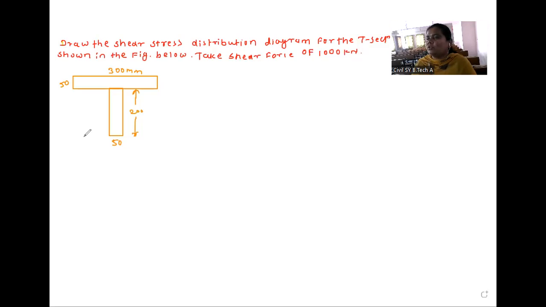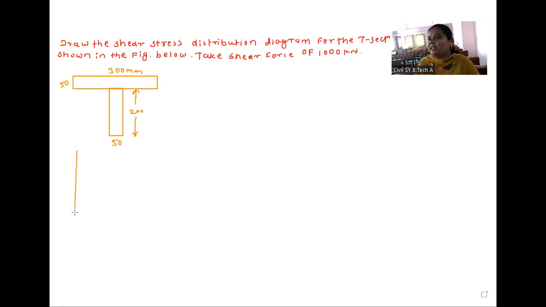Okay, so here first we will calculate Ixx. For finding out this Ixx, we have to prepare a table. In that table, different parameters are there.